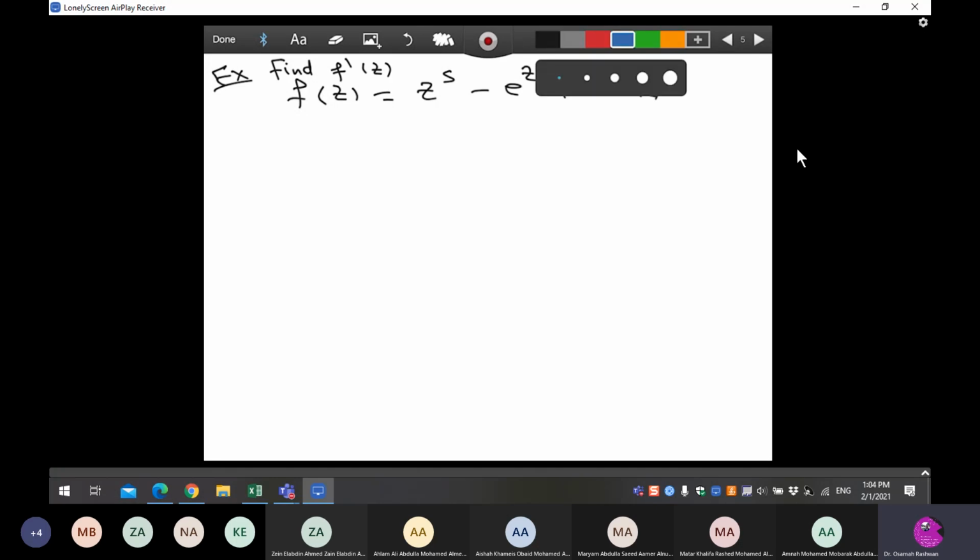In general, if you have f of z, a straightforward function in z like z to the power 5 minus e to the z plus sine z, and you are asked to find f dash of z, it is easy.